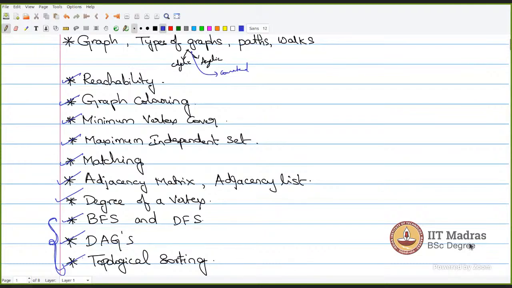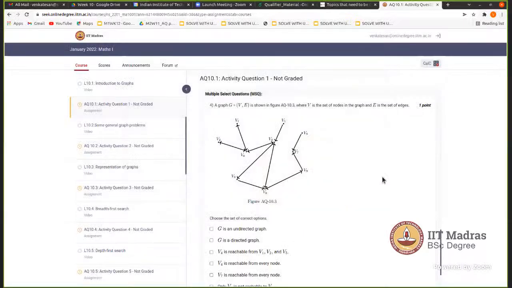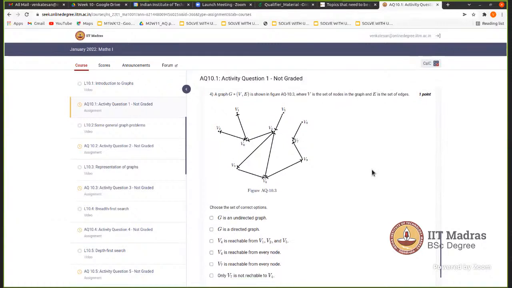Question number 4. A graph G is shown where V is the set of nodes in the graph and E is the set of edges. Let me show you on the screen. Is this the question?